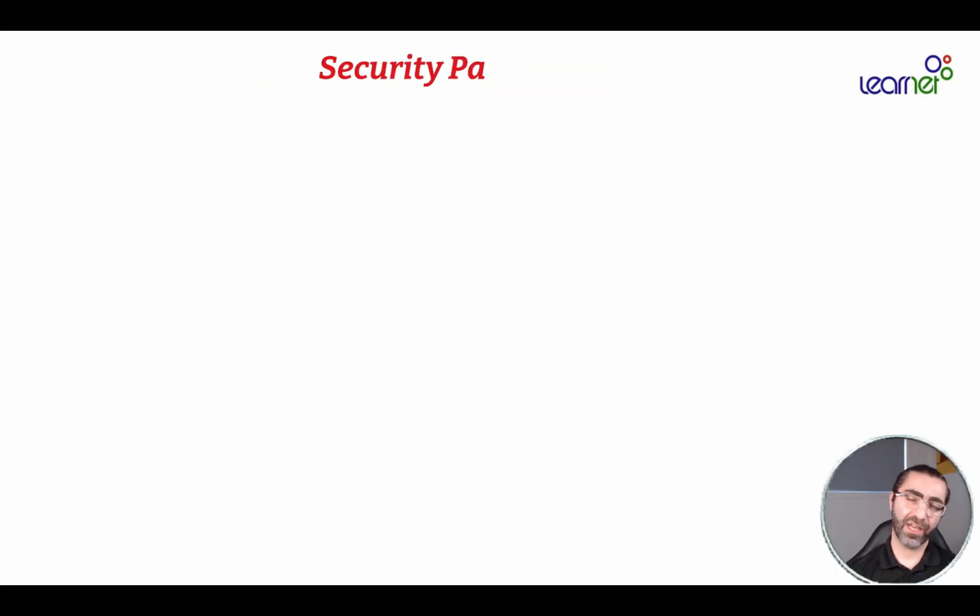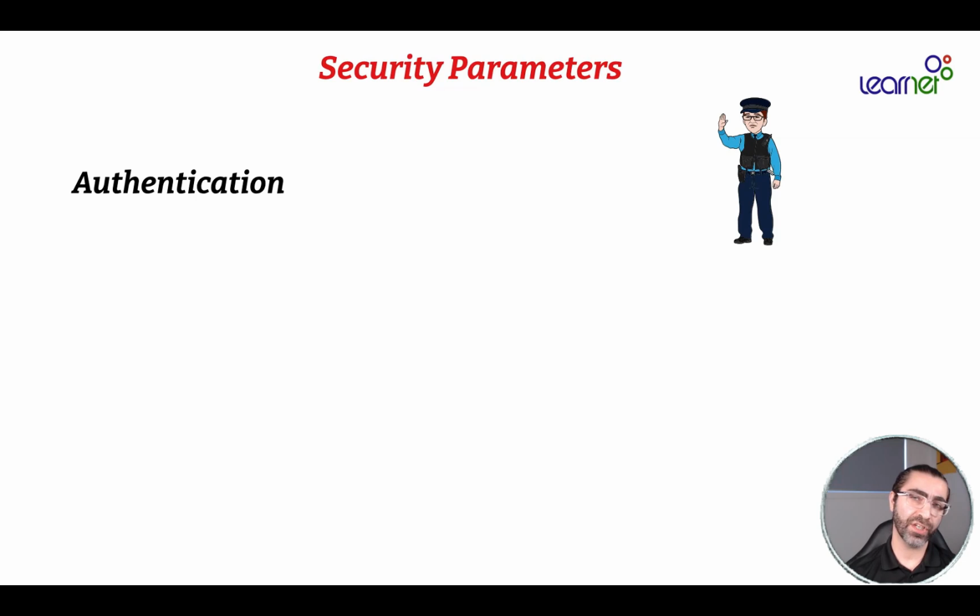The first question that we need to answer is what security parameters we need to consider to secure our wireless networks. These parameters are applicable to wired networks as well, but our focus at the moment is wireless networks. The first parameter is authentication, which means that you need to get your users or devices to prove their identity, which can be through a pre-shared key, username and password, certificates, etc. The second item is privacy.